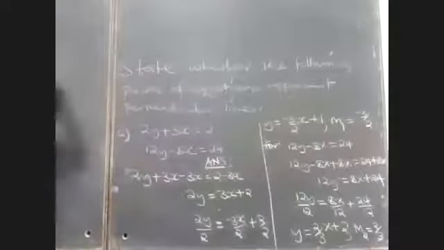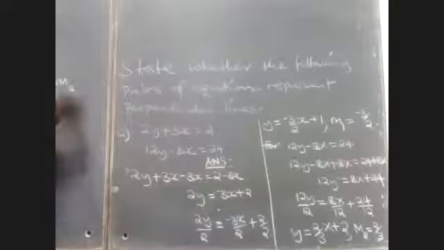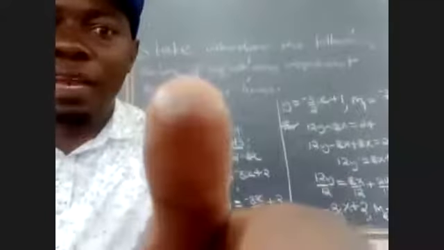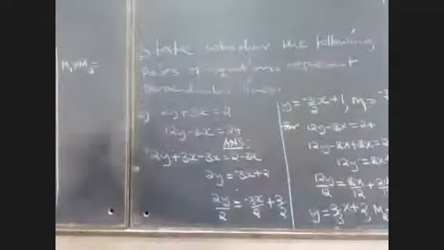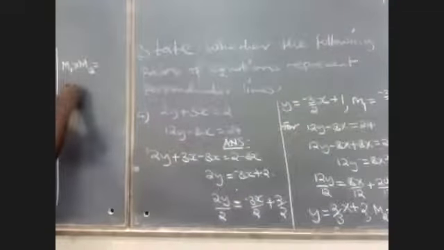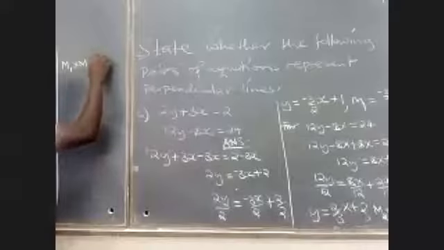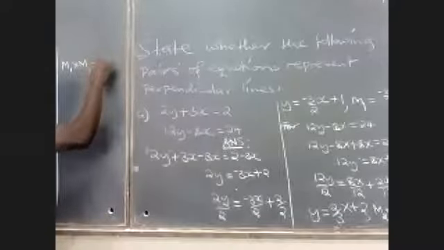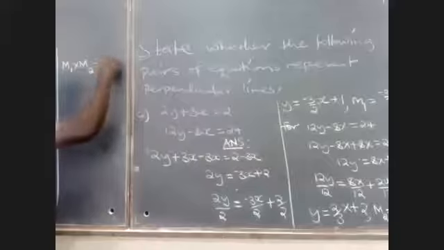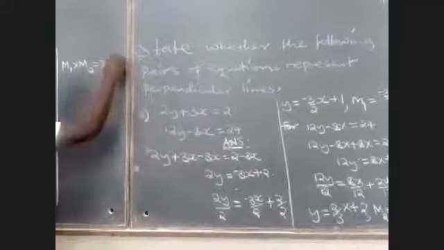Faith, can we just see what M1 times M2 is giving us? Yes, our M1 was -3 over 2, times 2 over 3.